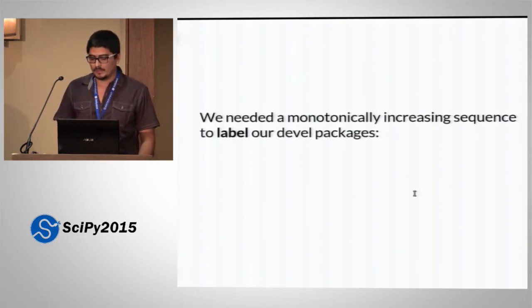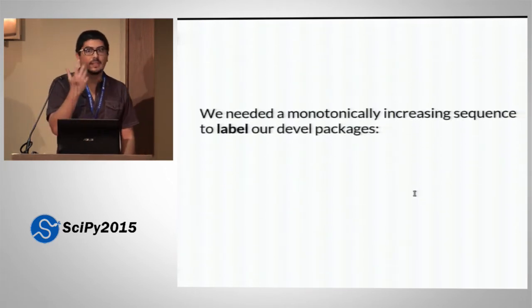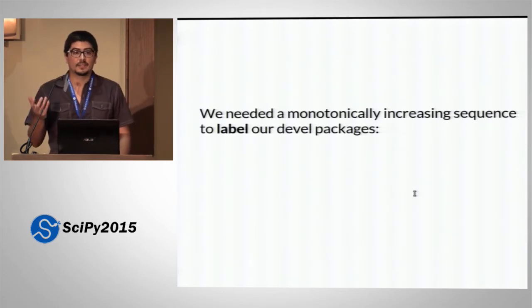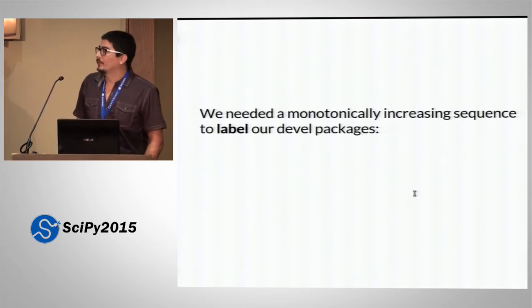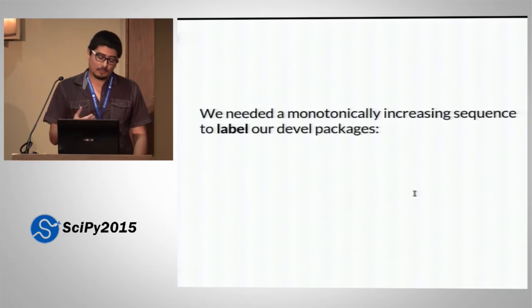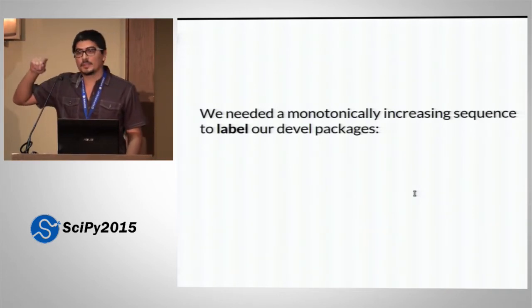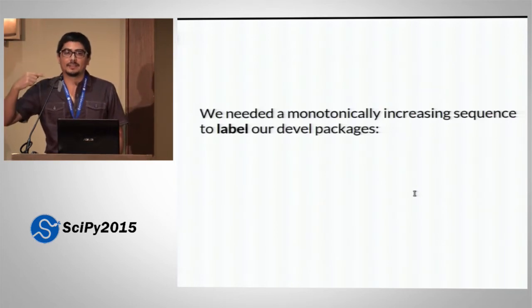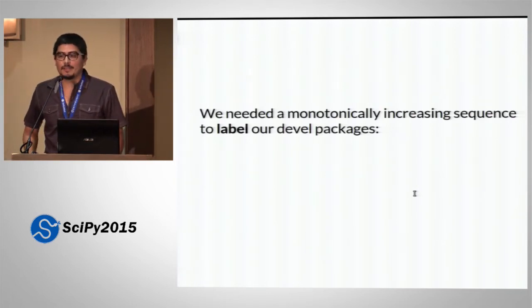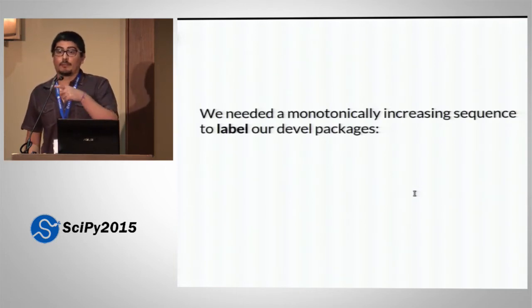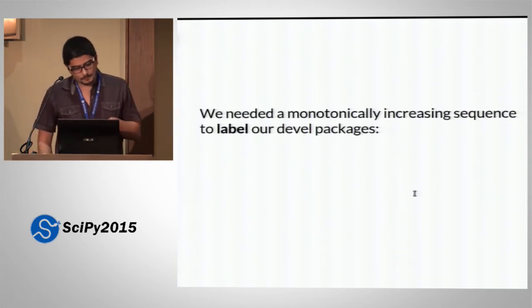We needed to label all our devel packages in some way. And one way to do it is using a monotonically increasing sequence, so the people can get the latest devel packages easily, just doing conda update bokeh from our own channel.